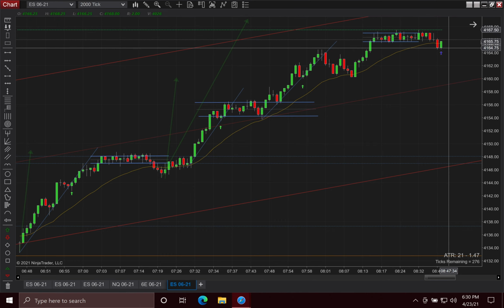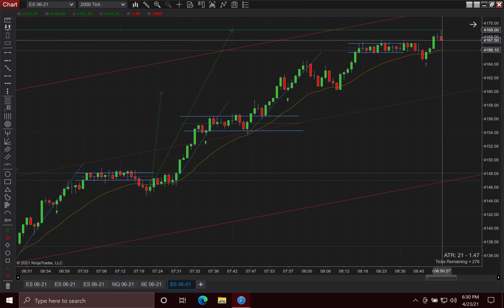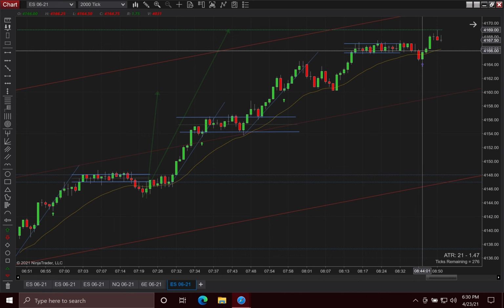So I like that. A little hard to enter, but there's nothing wrong with that trade. And see, that's exactly what you would expect in a Wyckoff market structure theory.